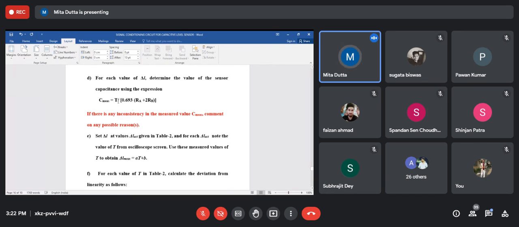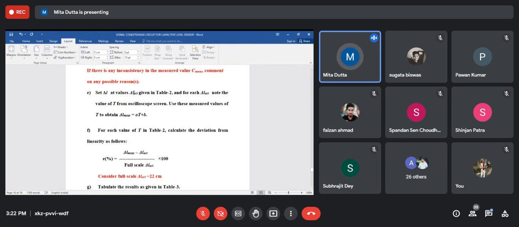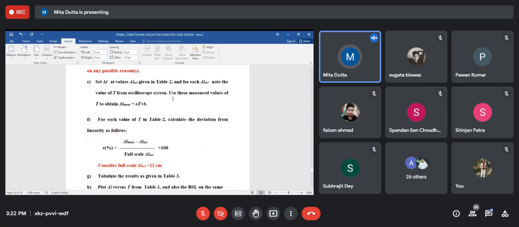Here T is the time period, you know the value of RA and RB, so you are able to find out measured C. Then the del L, which is termed as del L actual value, is given to you, and based on the del L actual, you will get the time period, because for different values of del L, the C values will change. If the C value changes, then the time period also changes.